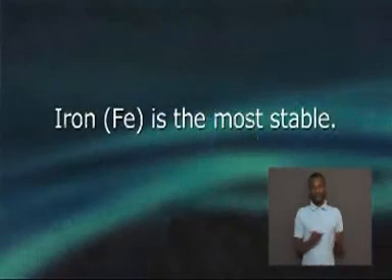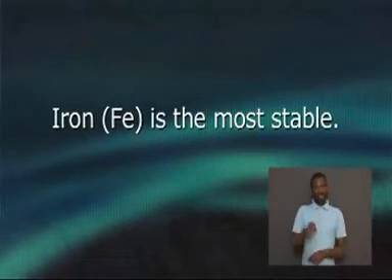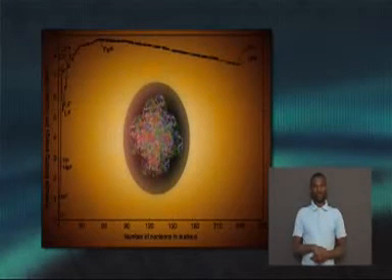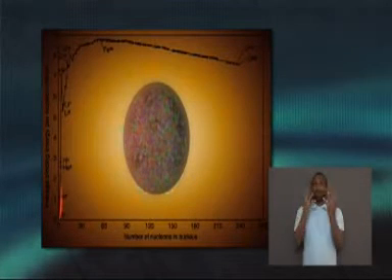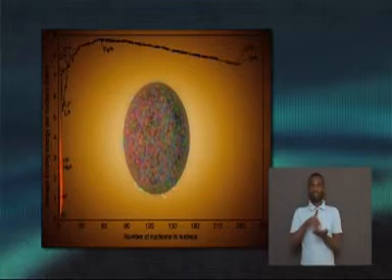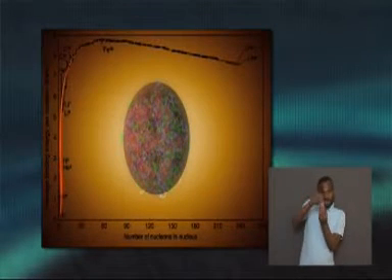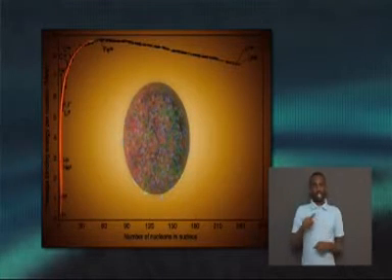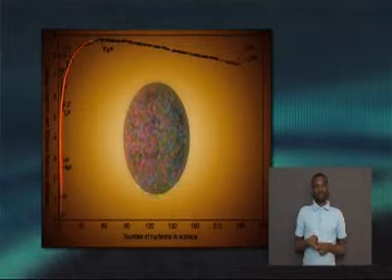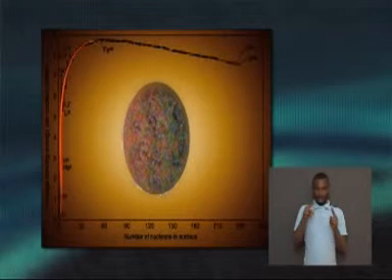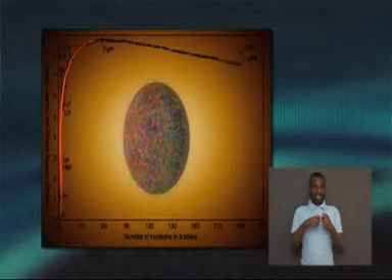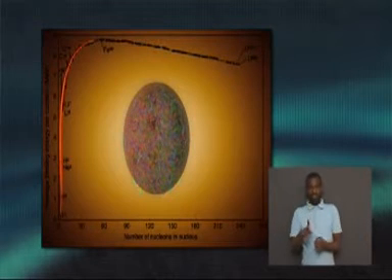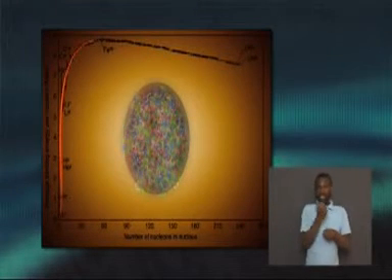Welcome back, students. If you answered iron or Fe, you are correct. Iron is at the peak of our binding energy curve. As nucleons are added, the total nuclear binding energy always increases. However, so does the total disruptive energy of electric forces. This means that as protons are added, the force produced by protons repelling other protons increases.